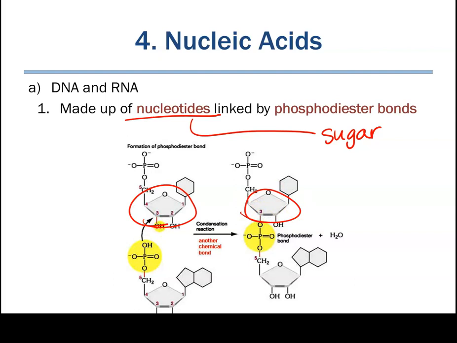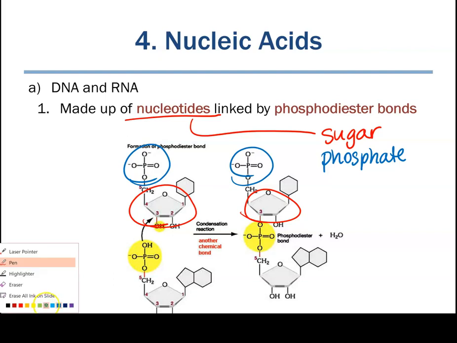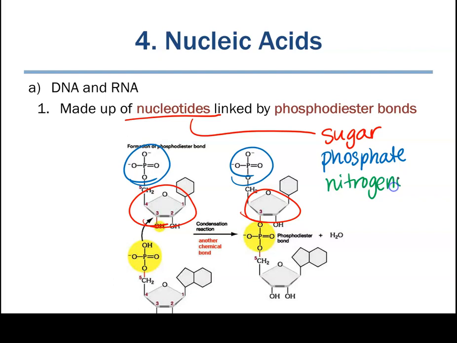Here's our carbon ring, a phosphate. You can see those phosphates and oxygens up there, and a nitrogenous base.